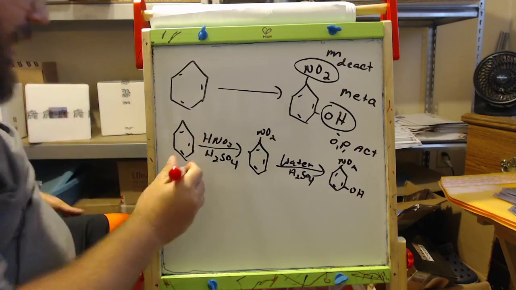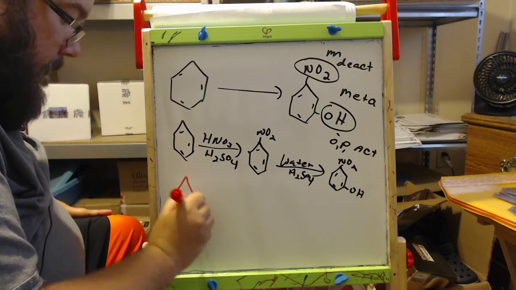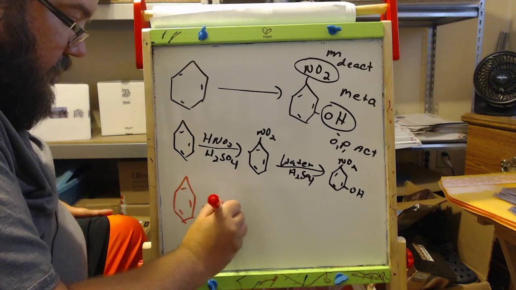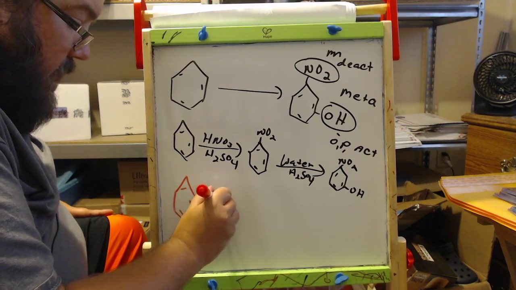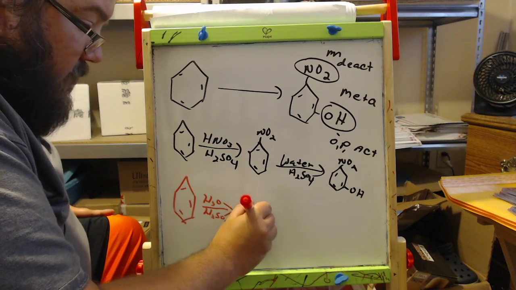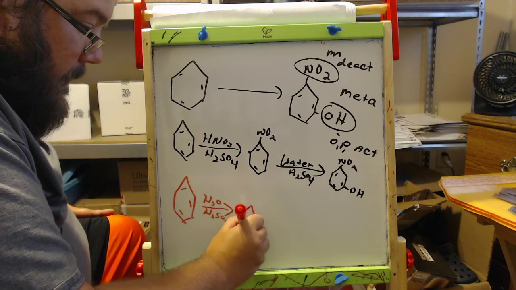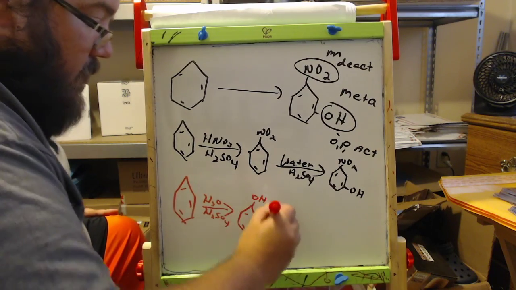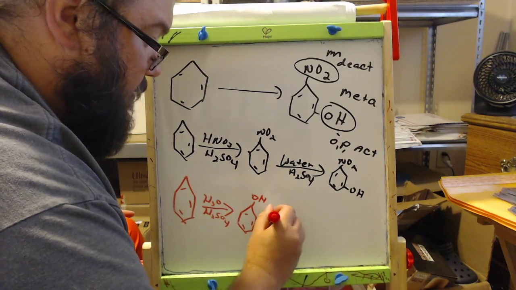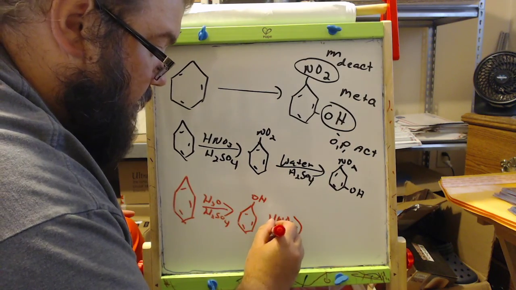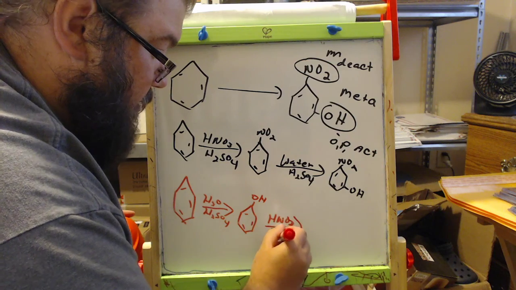Now, if I did it the opposite way, and we added the water and H2SO4 first, and we added the OH group, and then we went to add our nitrate group, HNO3, I should say, and H2SO4.